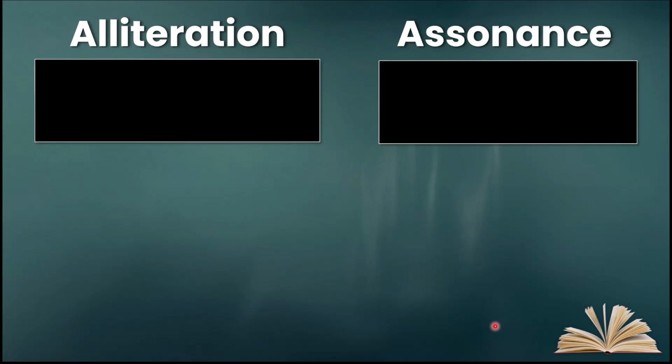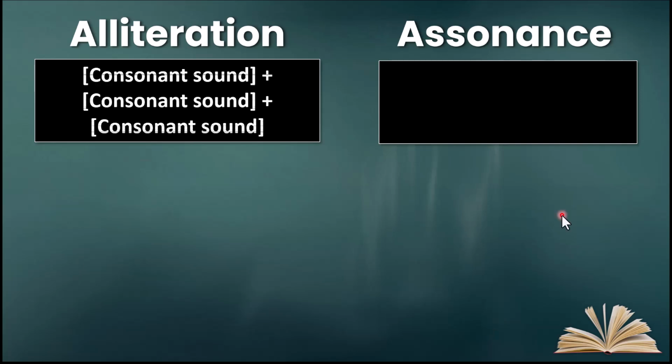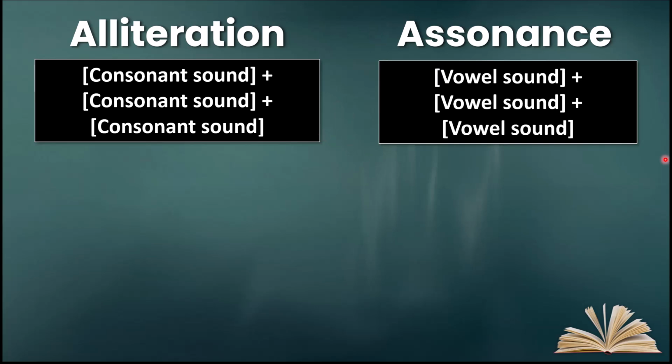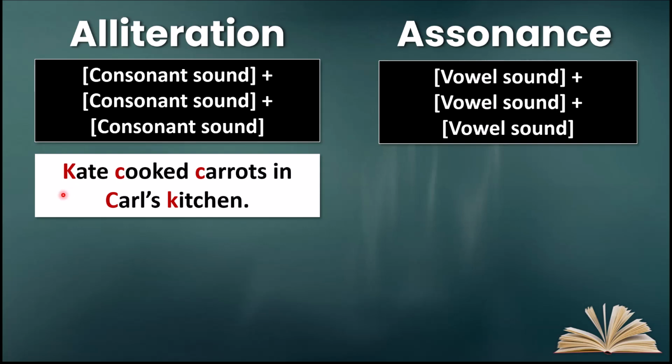So let's look at alliteration and assonance side by side. Again, alliteration is the repetition of the same consonant sound at the beginning of nearby words, whereas assonance is the repetition of vowel sounds within nearby words, regardless of where the vowel appears in the word. So for example, Kate cooked carrots in Carl's kitchen.